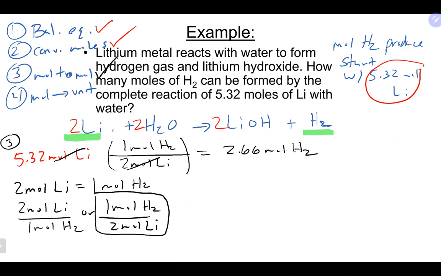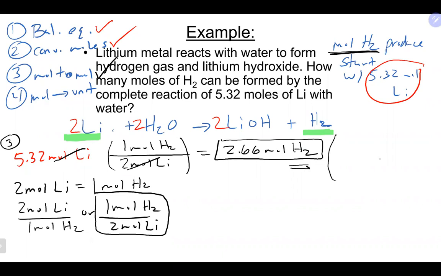Step number 4 is to take moles and convert it to some other unit. Do I need to do that in this case? I am looking for what for my answer? Moles of hydrogen, which means I put a box. And I am done, right? If I did want to convert it to grams, what would I need to do that with? I would need the molar mass of H2, right?